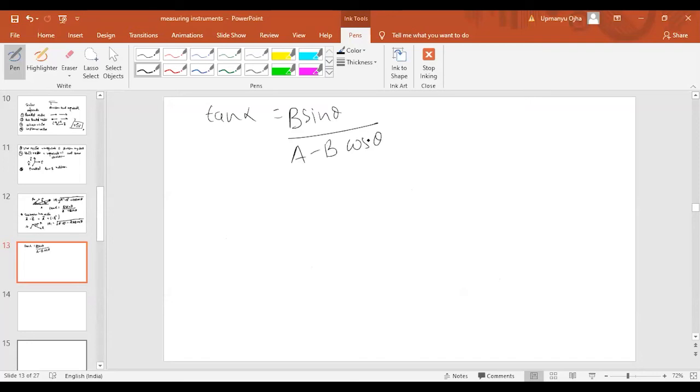So when the two vectors are subtracted, the angle which resultant will make from a vector is tan alpha, that is b sin theta divided by a minus b cos theta. Fine. So simply you have to remember these two formulas.